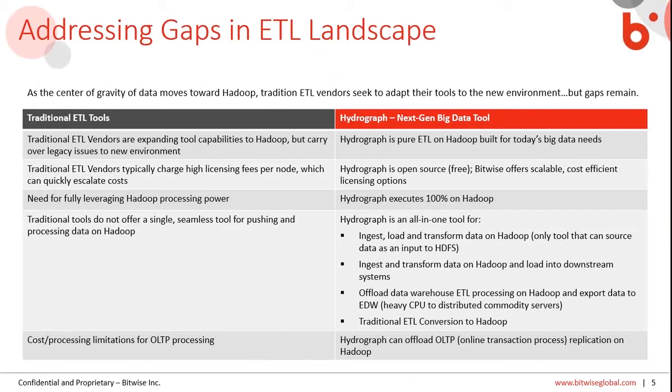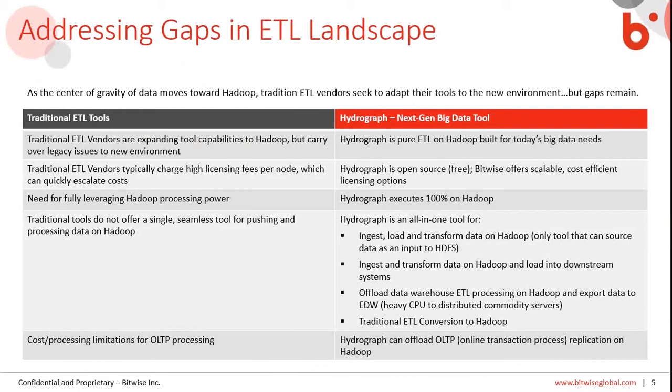So some of the ETL tools currently are starting to adapt to this technology, but they do the compute on their own ETL server, and the final aggregate file is pushed onto the HDFS file system, and that's not what Hydrograph does. To really benefit from the massively parallel cluster architecture that Hadoop offers, the actual compute needs to occur on Hadoop.